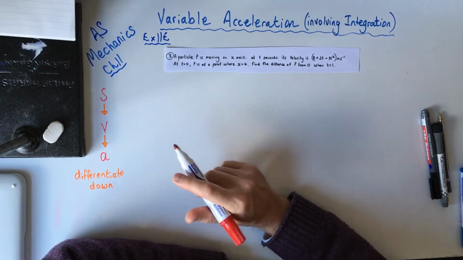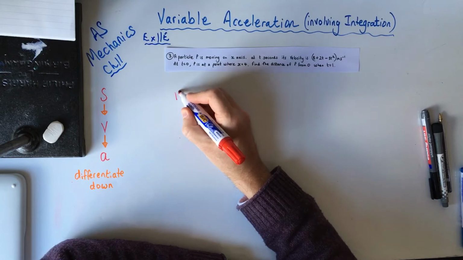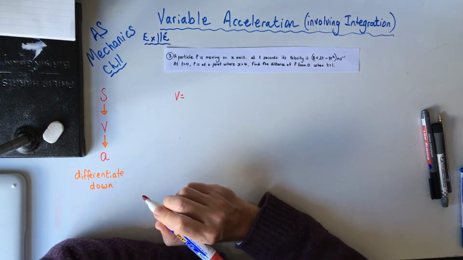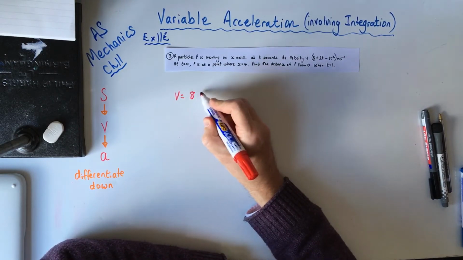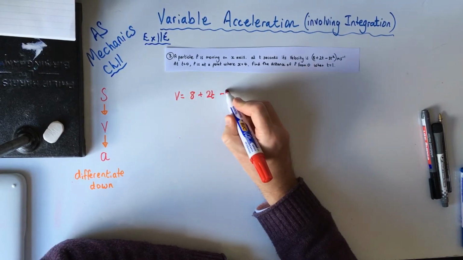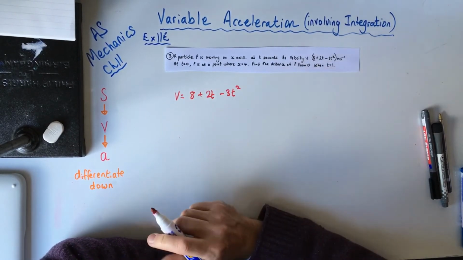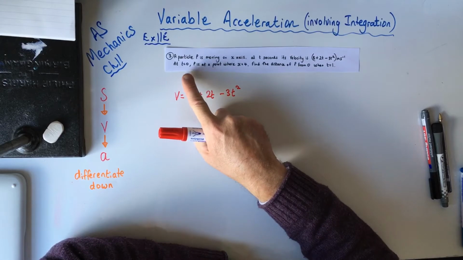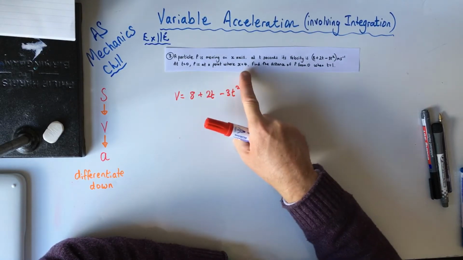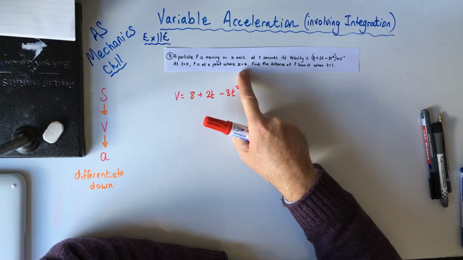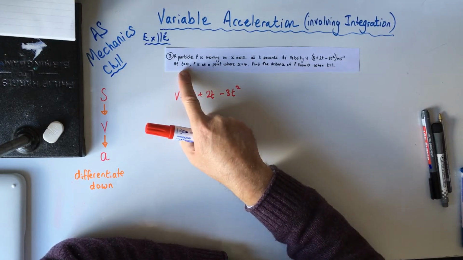The first thing that we've got is that the velocity is equal to 8 plus 2t minus 3t squared. And we've got this coordinate here. At time t, we've got a distance it has travelled in at the start.